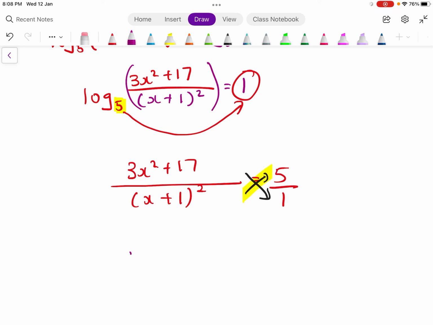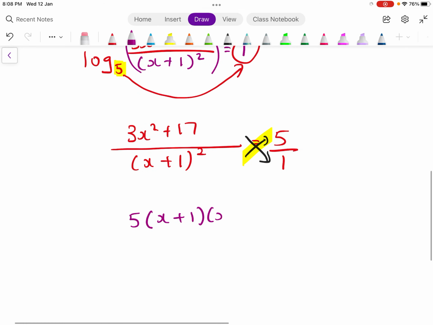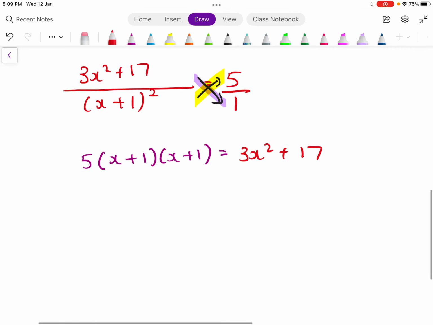So I do the 5 bracket (x plus 1), then put a bracket. I just write another 1, equal to, I do another cross here. So it's (3x squared plus 17) times 1, the whole thing. So 3x squared plus 17. Of course now I do my so-called expansion.